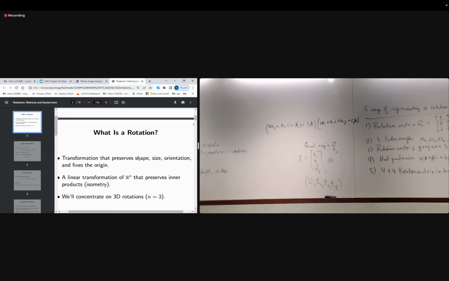The size is T1 squared plus T2 squared plus T3 squared to the half, right? And so it's a rotation, because you can prove that it satisfies all those rules.